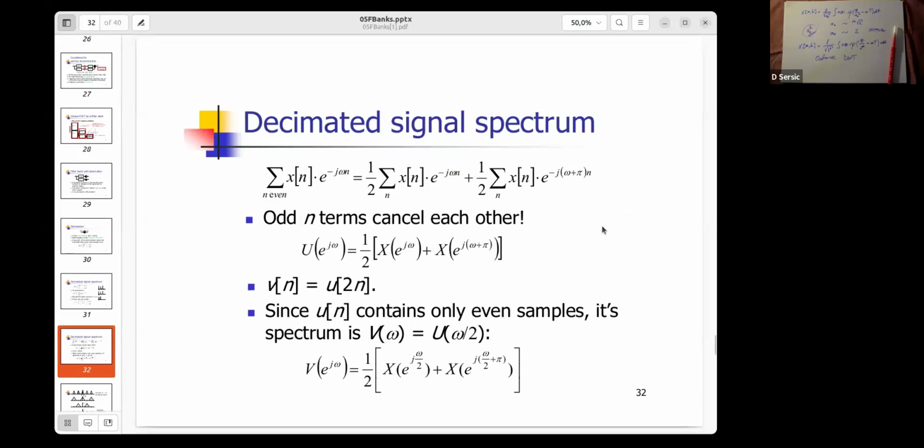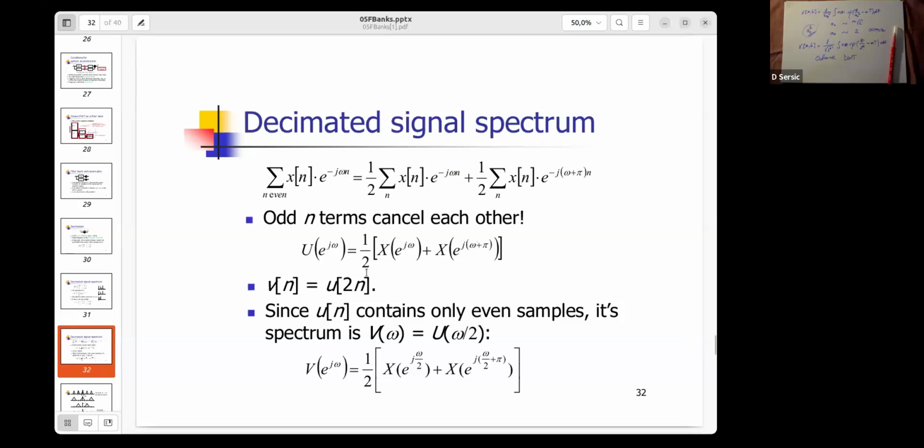What is going to happen? Odd n terms cancel each other. Even terms add up. So this is the reason why we added 1/2 in front, to have the same value as we had before. So even samples add up, odd samples cancel each other if shifted by pi.